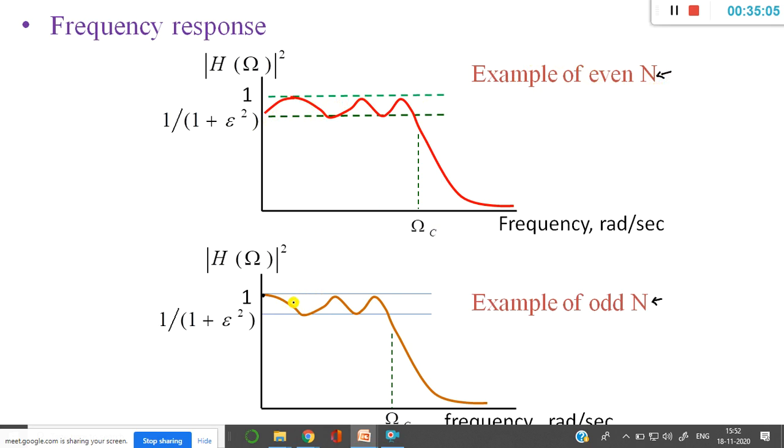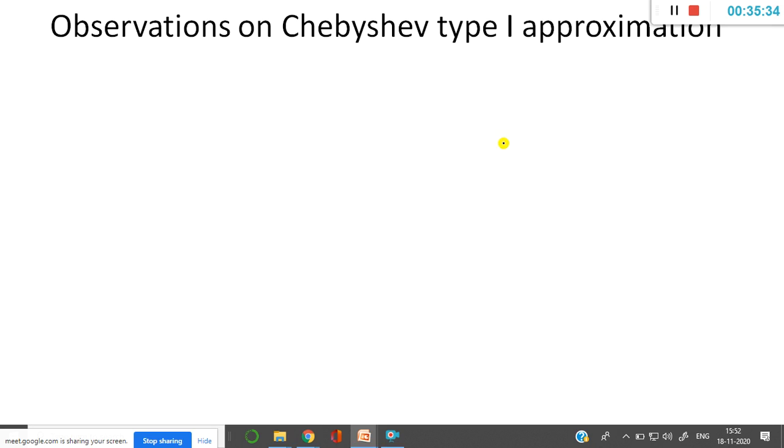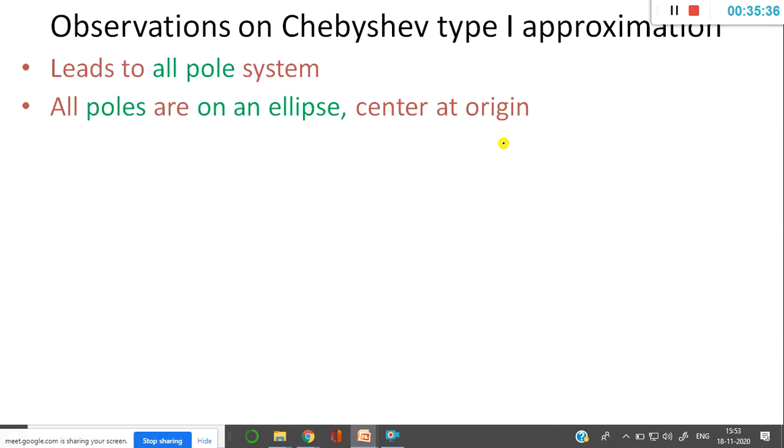When n is even, cos will be 1, so I get the maximum peak value here. Else, for n odd, this value will be 0, so it starts in this fashion. So these two are the curve differences.